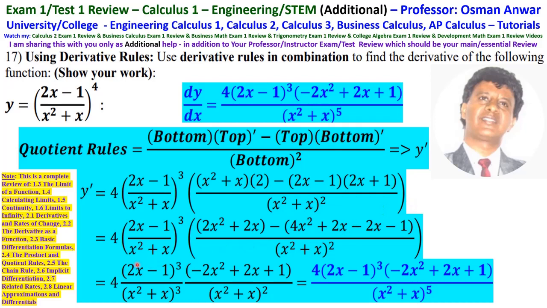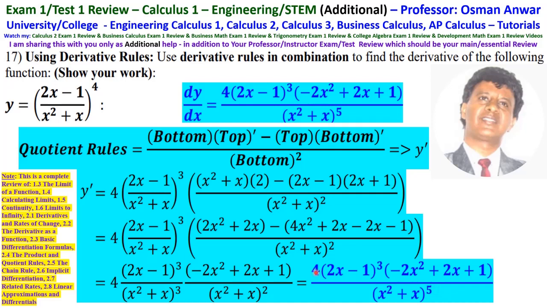Then this becomes 4 times, we can split this into (2x minus 1) to the third over (x squared plus x) to the third. Then here this becomes minus 2x squared plus 2x plus 1 over (x squared plus x) to the second. So the bottom is, we can combine that into (x squared plus x) to the 5.